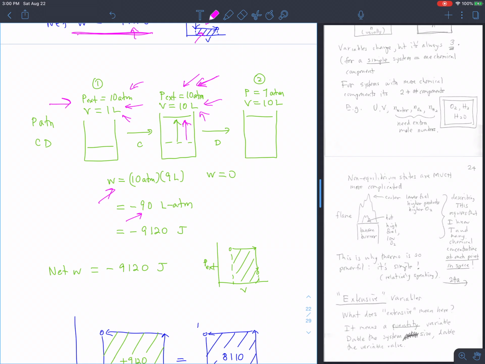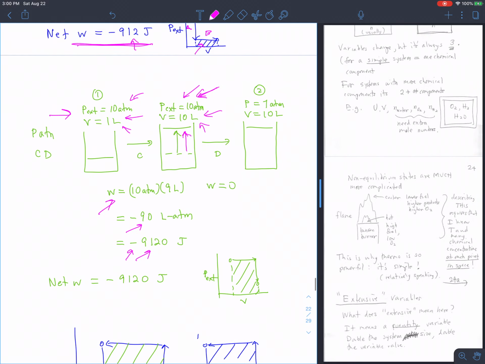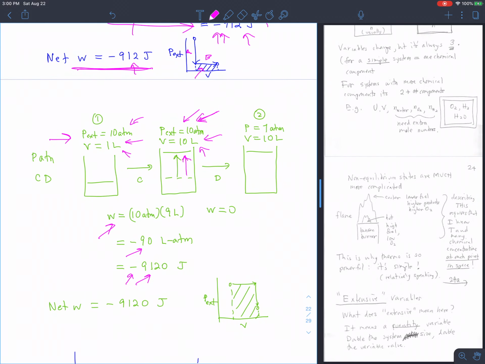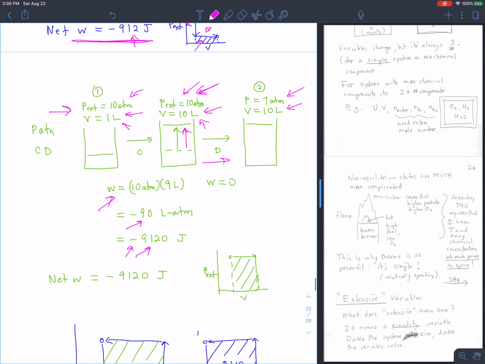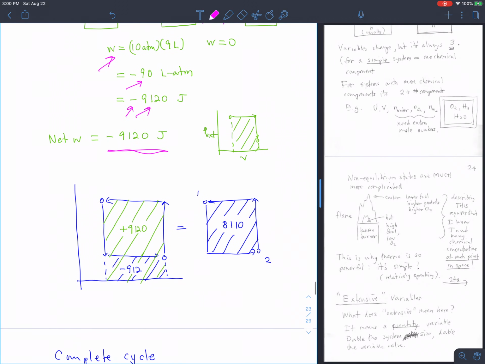And it's 90 liter atmospheres, which is almost 9,120 joules, minus again. A much bigger work, basically 10 times bigger than last time. Then for the next step, I just change the pressure on the outside without any volume change, so no work on that step. And the overall work is then minus 9,120.